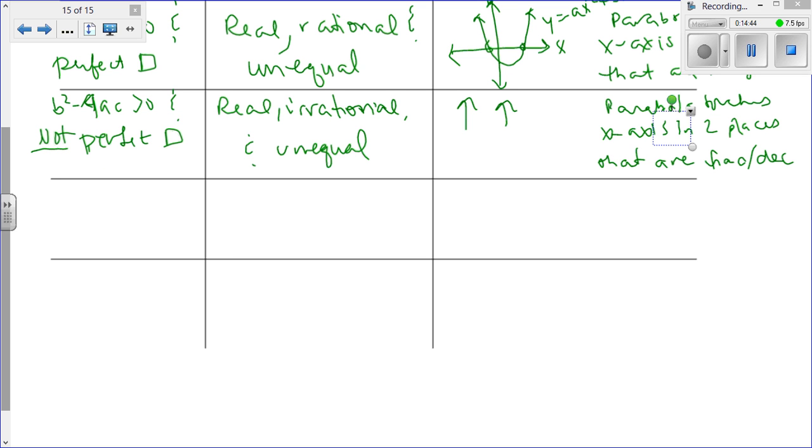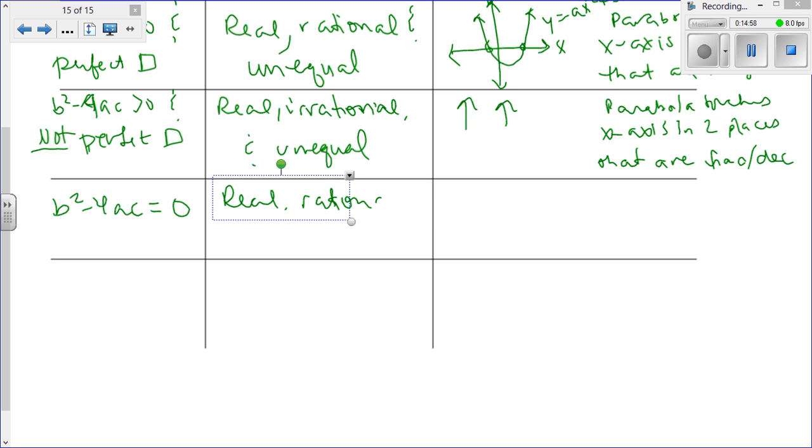If my discriminant, b squared minus 4ac, is equal to 0, then my roots are real, rational, and equal.